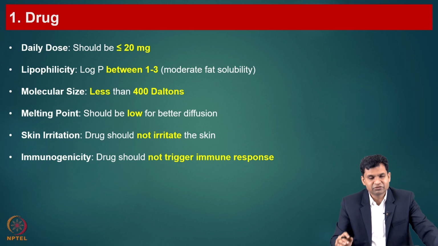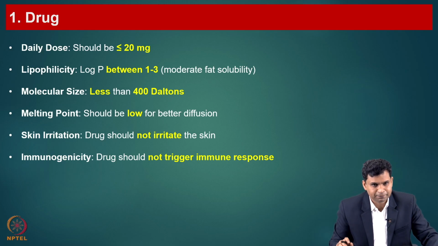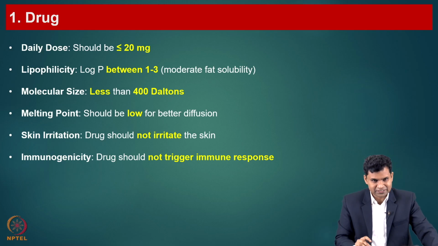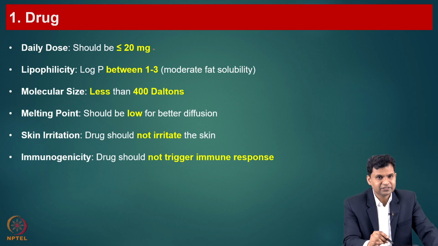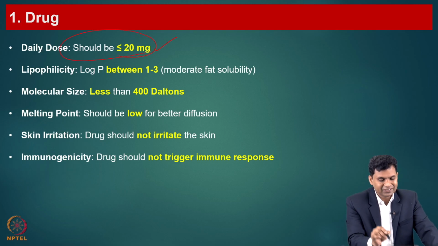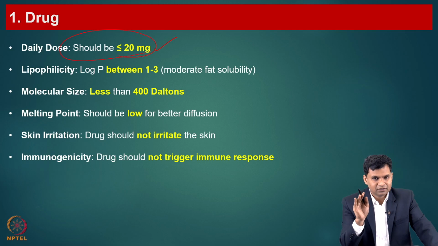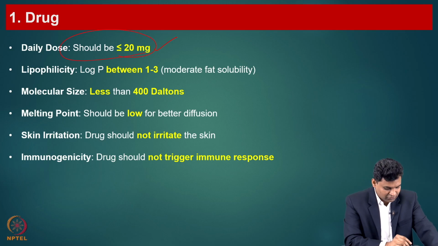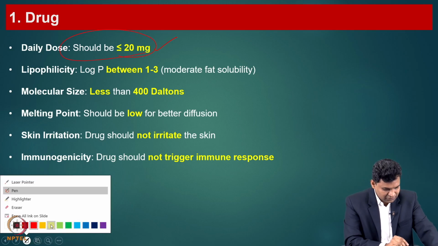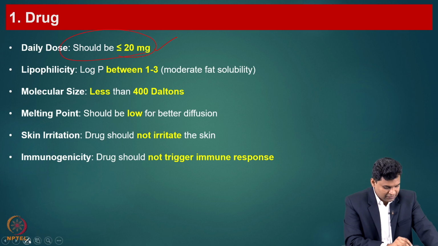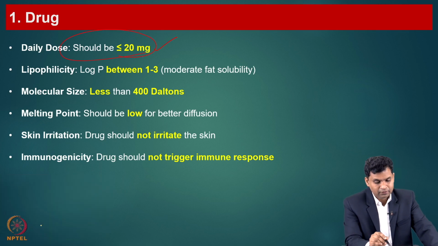Already we have discussed the drug properties, still we will consider a few points here. The first point is that the dose should be below 20 mg, which is a major limitation of transdermal patches, and these drugs need to be potent enough within this range.